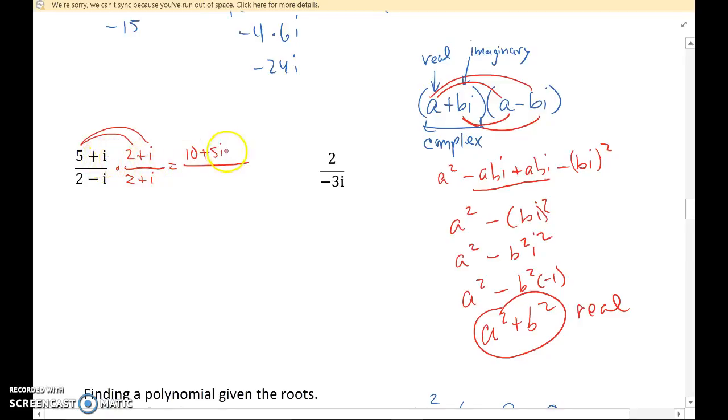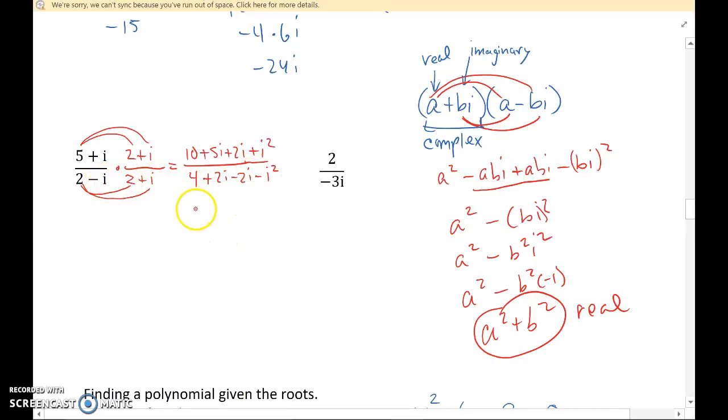Then we have i times 2, which is a positive 2i, and i times i, which is a positive i squared. On the bottom, we have 2 times 2, which is 4, and 2 times i, which is positive 2i. Then you have a negative i times 2, which is a negative 2i, and negative i times negative i is a negative i squared.